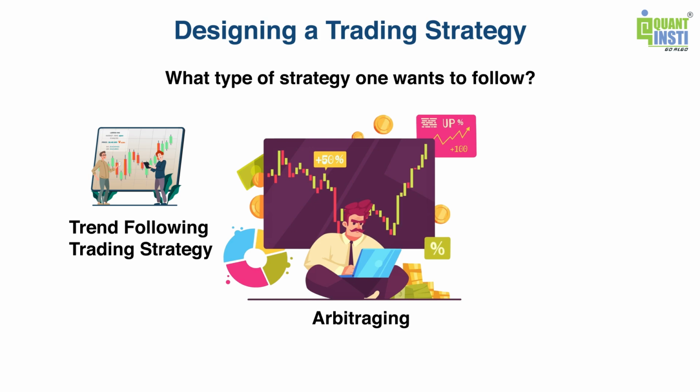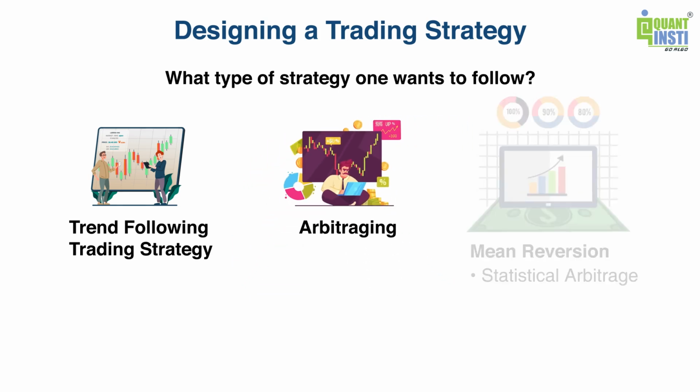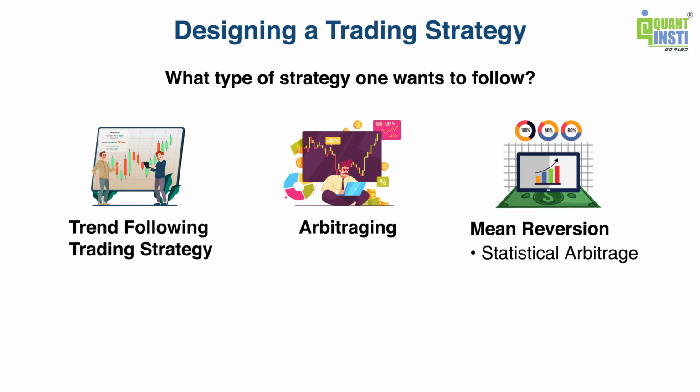Moving on, you can choose a third type of strategy that we call mean reversion. Mean reversion would be something like statistical arbitrage that we call a pair trade. So you look at, say, the pair trade between Infosys and TCS based on tools like co-integration, which gives you an idea that these two are co-integrated, they do have a tendency to revert back.